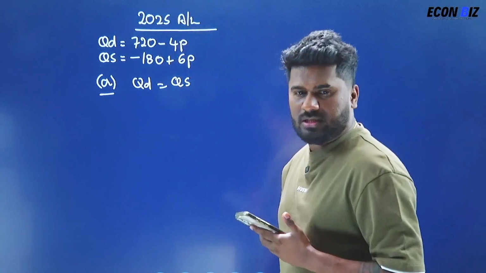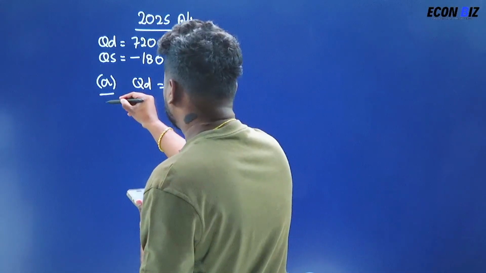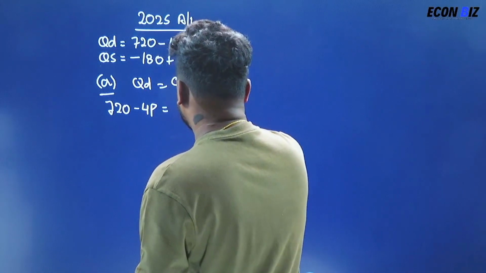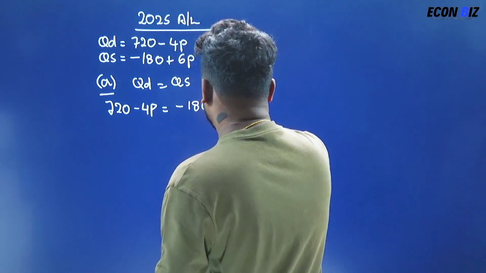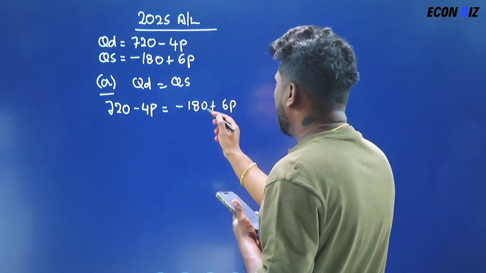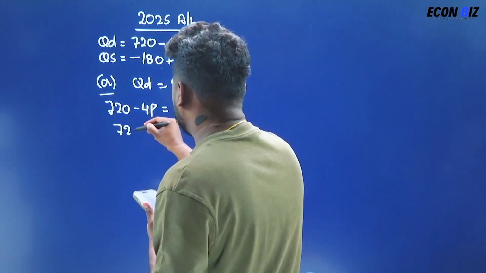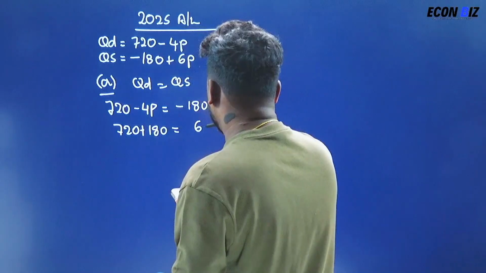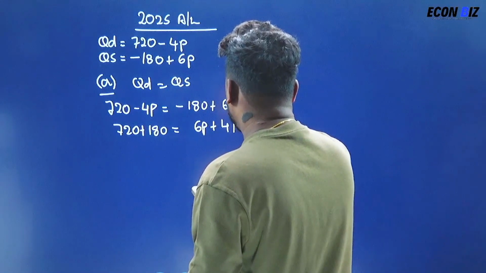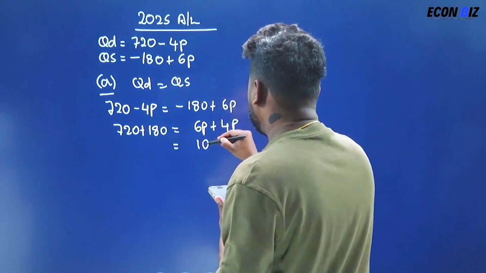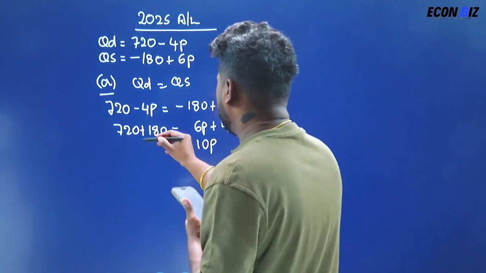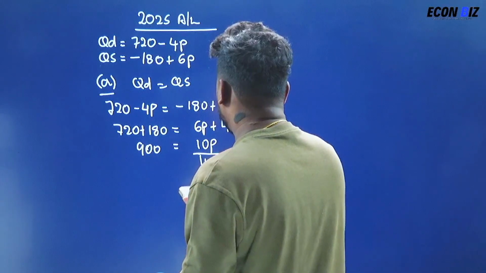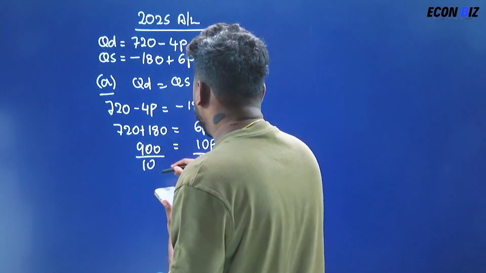QD equals QS. 720 minus 4P equals minus 180 plus 6P. Minus 180 should go to this side, 720 plus 180, minus 4P going to this side as plus 4P, and this is 10P and this is 900, and both sides divided from 10.